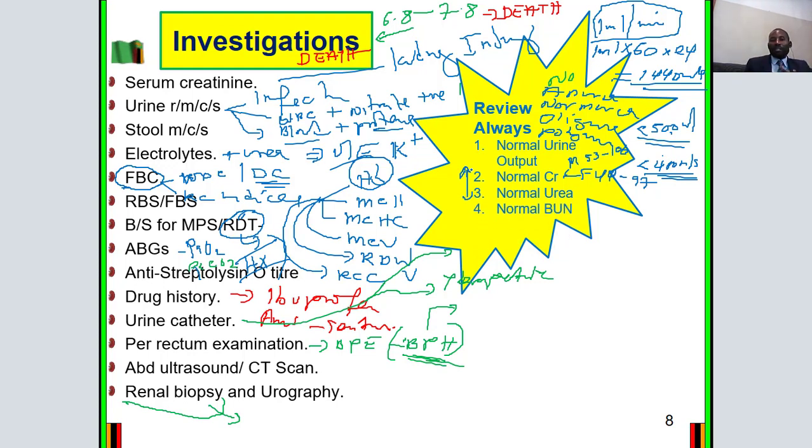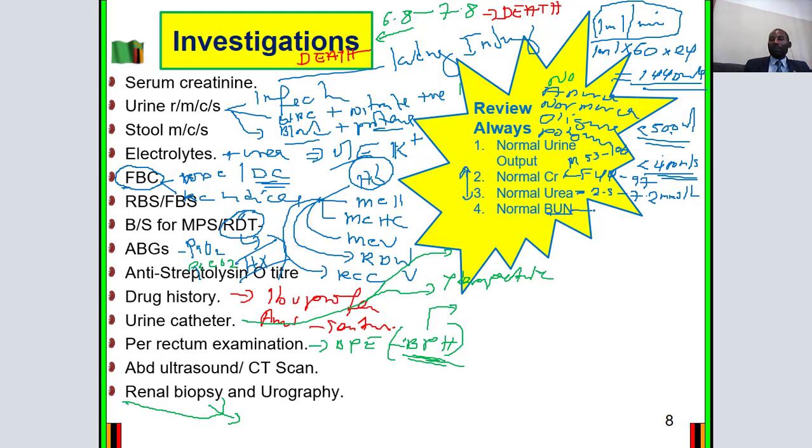Sometimes we also talk about BUN. The BUN there is blood urea nitrogen. By the way, I haven't told you the range for urea. Urea is 2.5 to 7.2. What are the units here? That is millimoles per liter.